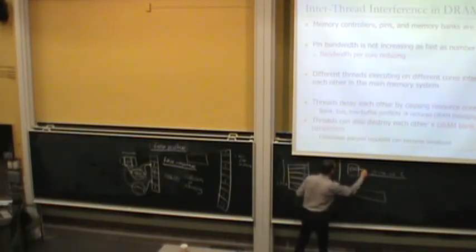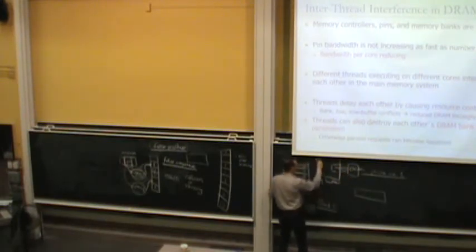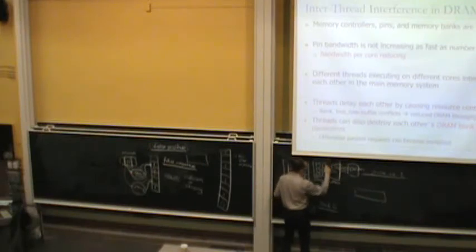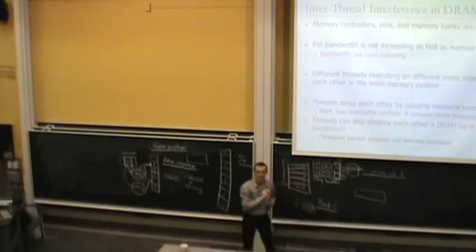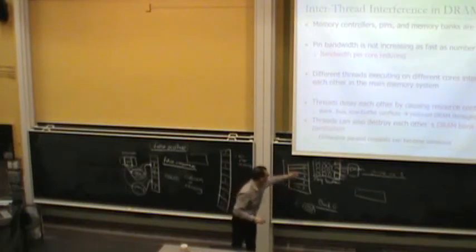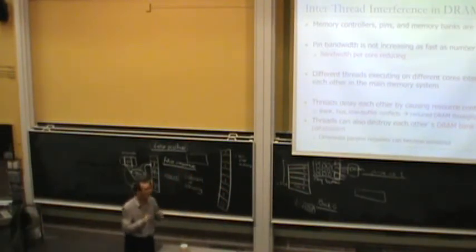You have DRAM, and you have the memory controller on chip. And you have cores here. You can easily put more cores on this chip, but you cannot easily add more controllers. Why? Because controllers require more pins going into the DRAM. So this interference becomes a bigger problem as we go into the future, because memory bandwidth per core is reducing.